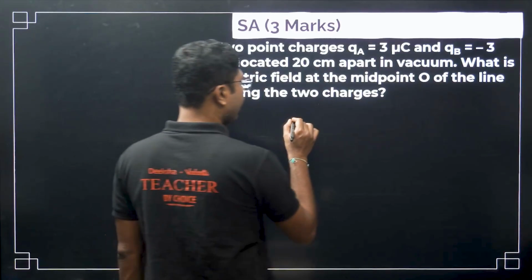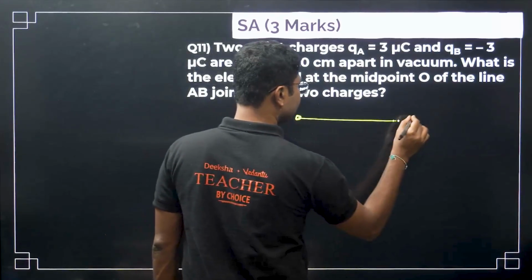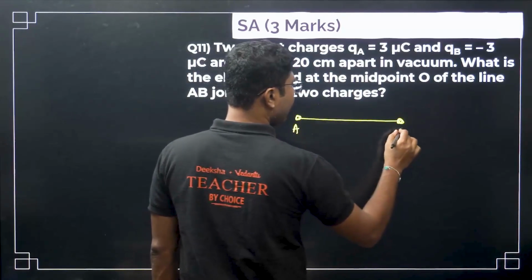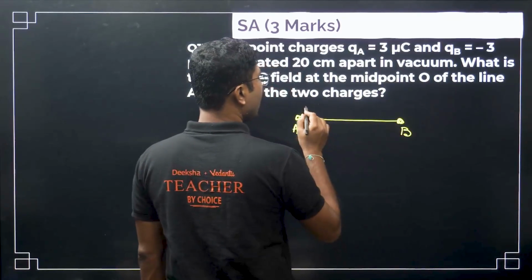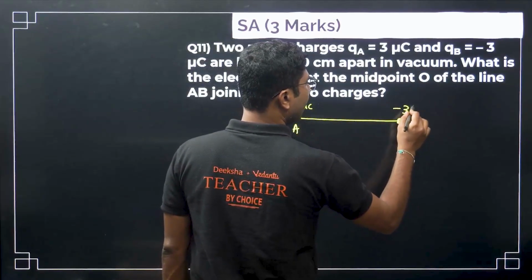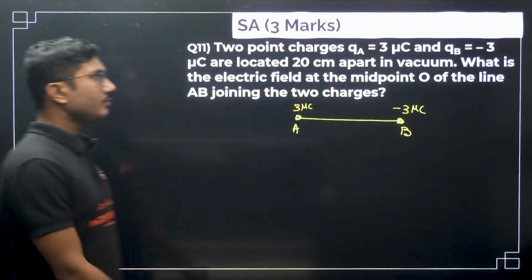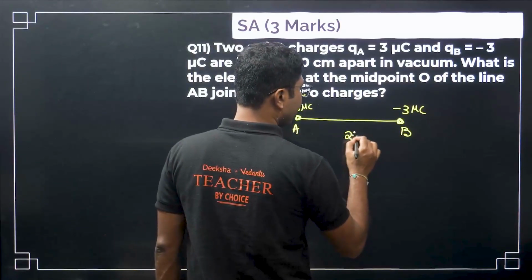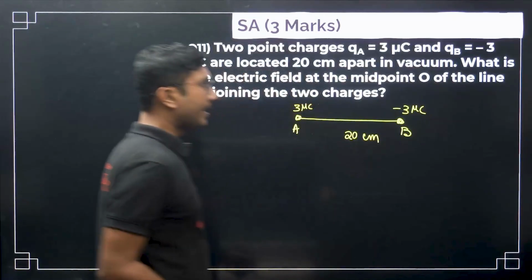So here we have 2 charges, A and B, 3 microcoulomb and minus 3 microcoulomb. They are located 20 centimeter apart. So 20 centimeter is the distance between them.